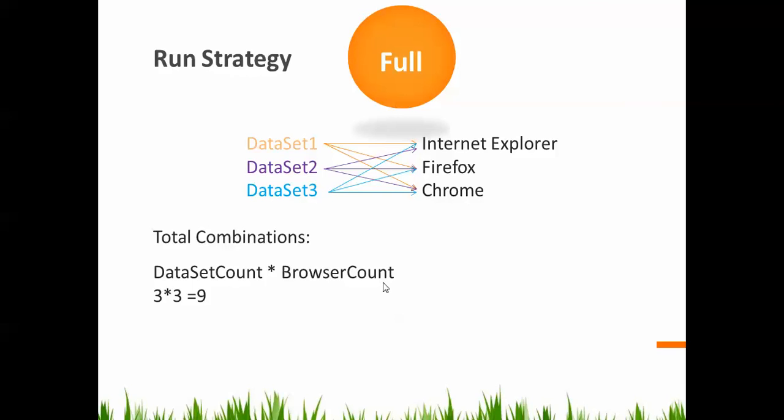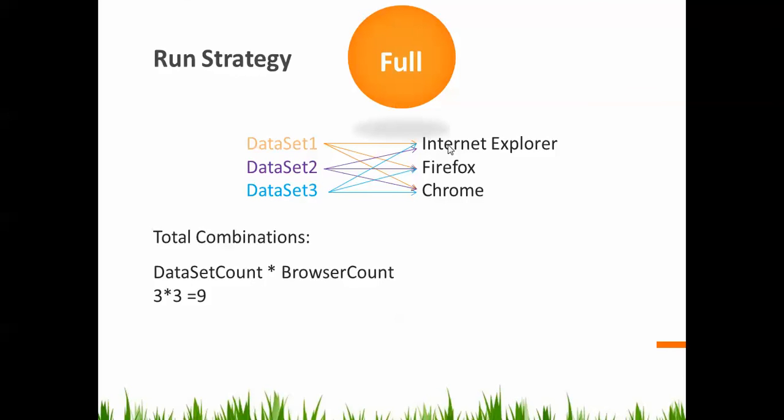So in the same case, for optimal, the first dataset will execute with Internet Explorer, second with Firefox, third with Google Chrome, because we are going to cover each minimum one time in optimal. In that case, one data set will cover one time and one browser will cover one time.